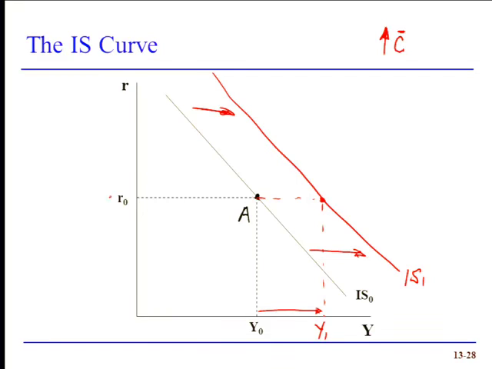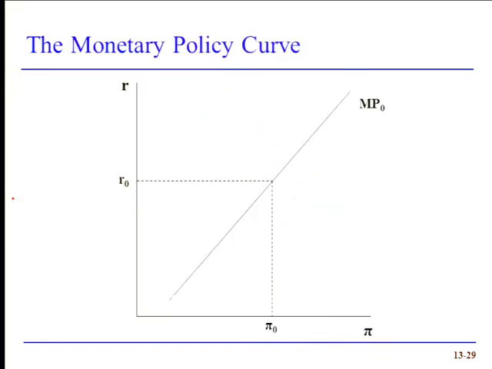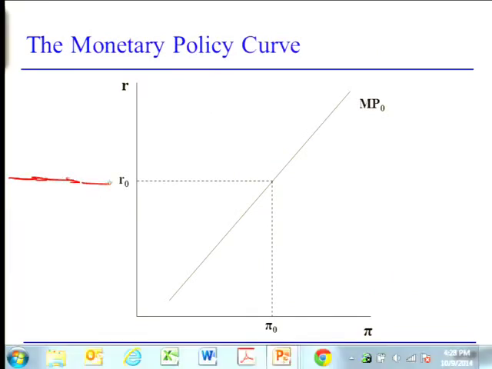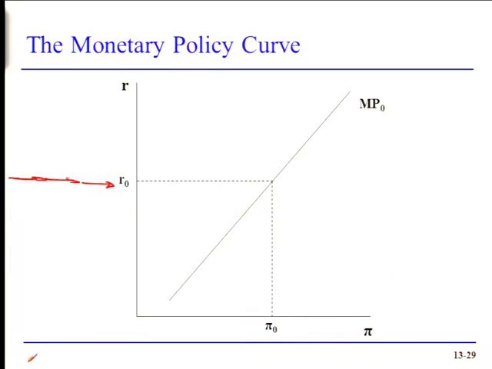So let's see what would happen at the same interest rate level. Now, I'm not saying that the interest rate won't change. We need a complete model before we can see everything that happens. But let's just pick an interest rate level and see what happens. So if we pick that one, we've now brought the real interest rate over to our monetary policy curve. We're still at point A on our monetary policy curve, so we've got the same interest rate that we have for our IS curve. If the central bank is happy with that real interest rate, it's at an inflation rate of pi naught.